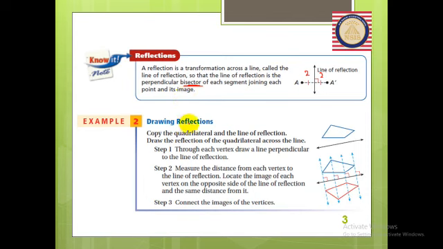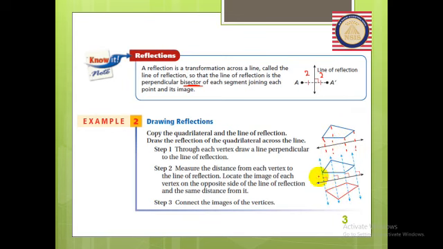How do we draw the reflections? If I have a line here and a point, I'm going to make lines which are perpendicular from each vertex. This line must be perpendicular to the line of reflection, like this.